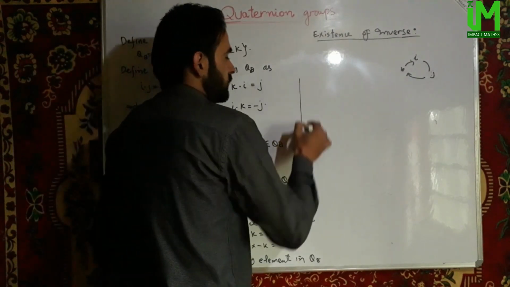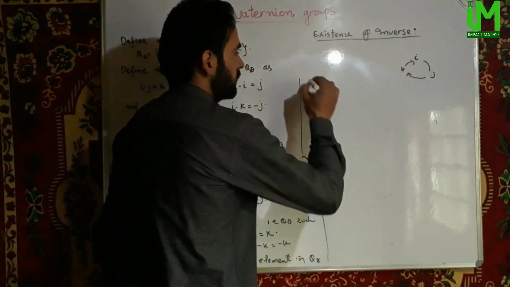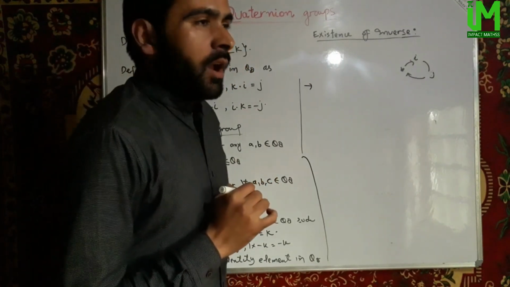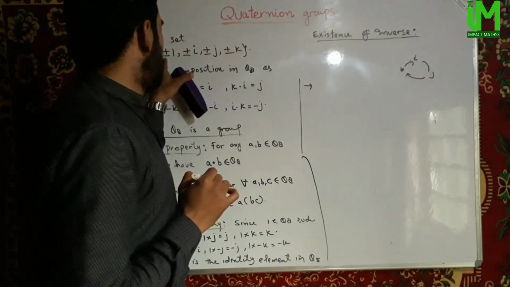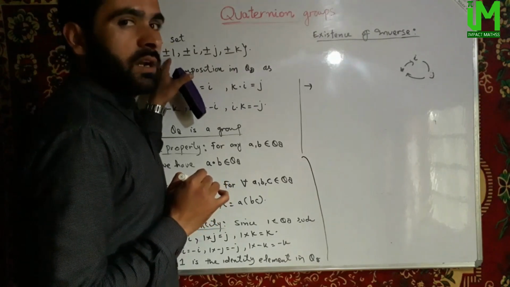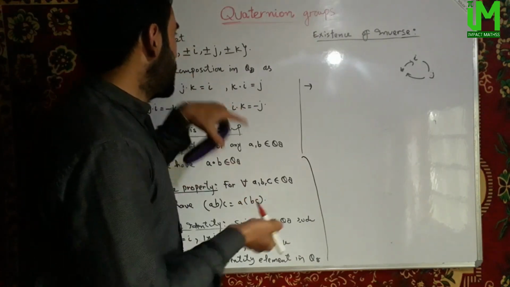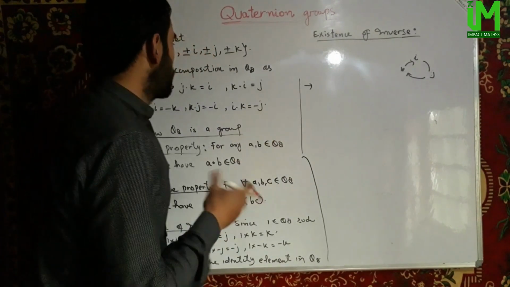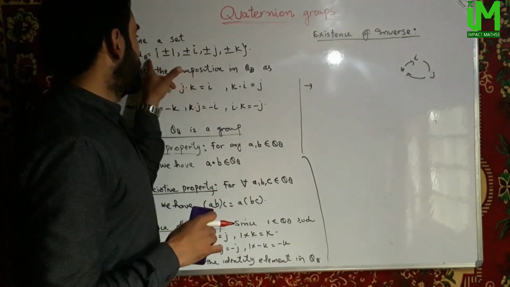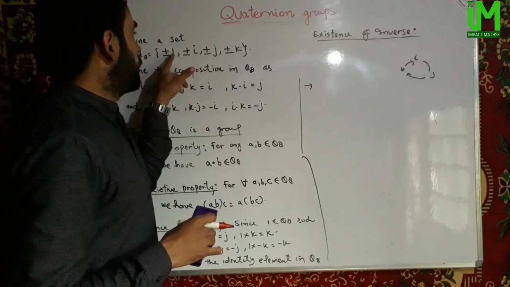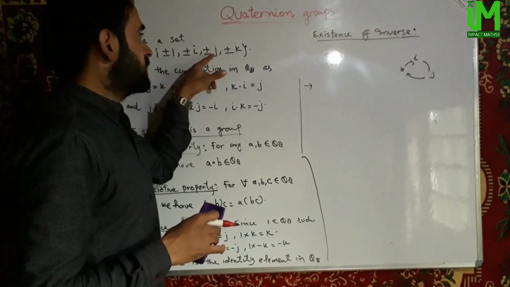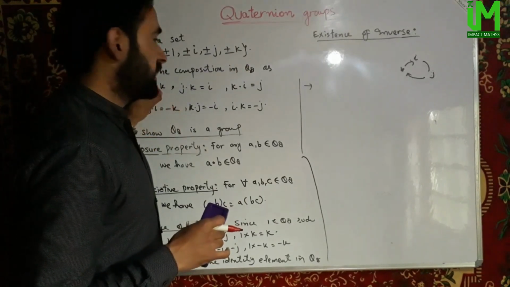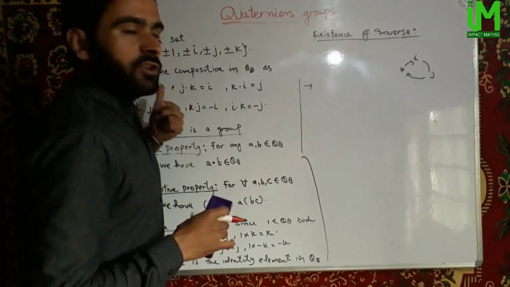Now number first, we will be showing it satisfies closure property. For closure property, we have to see all the elements of Q8 under this binary operation are again in Q8. So this means if we take any two elements of Q8, plus minus 1, plus minus i, plus minus j, plus minus k, and apply the binary operation defined in this sense, the result should be again in Q8.